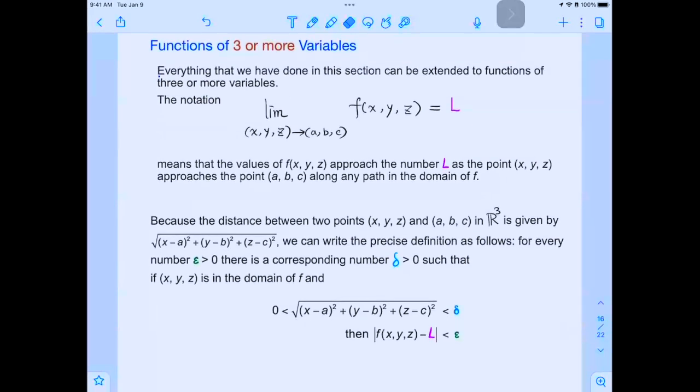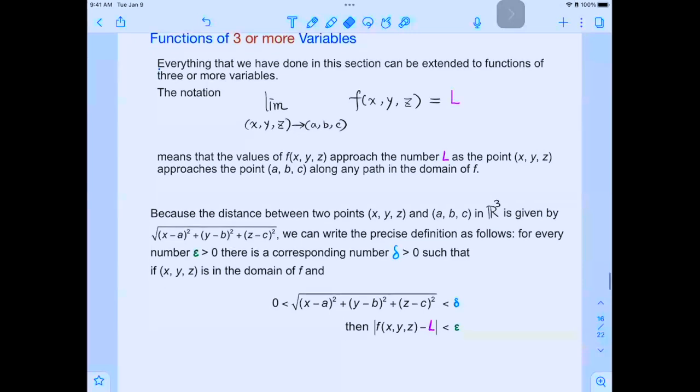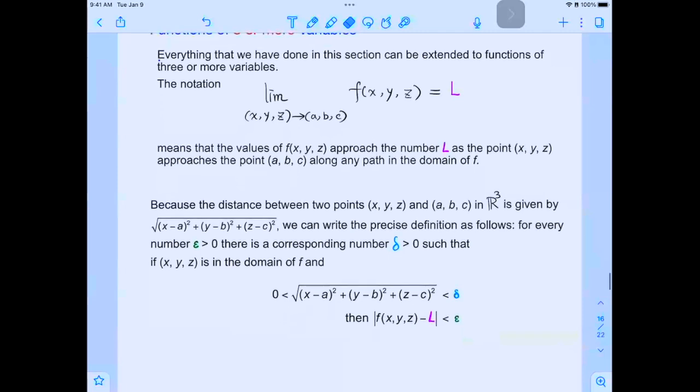Looking at this definition, do you see the similarity between this one and this one? Yeah? All you have to do is just add more components, right? Just add more components. Okay. So that's the definition for a function of three variables.